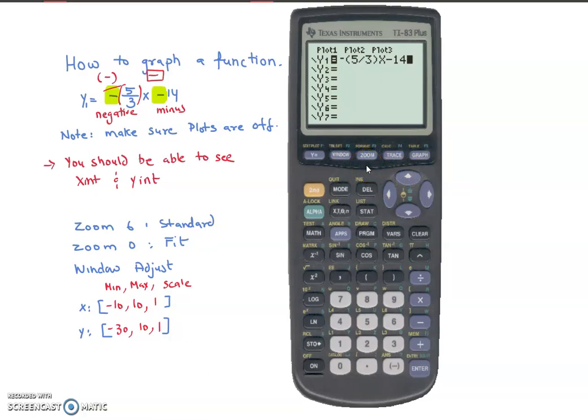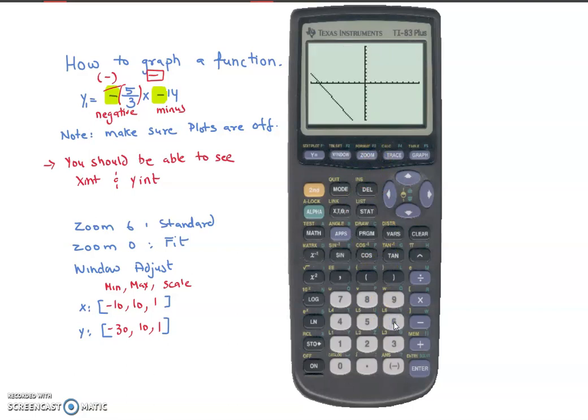If I was graphing previously, maybe I haven't adjusted those windows to work for that graph. So it's almost like starting off with a blank state. Zoom 6 is standard windows, which means they only go from negative 10 to 10 for both axes. So zoom and then 6.